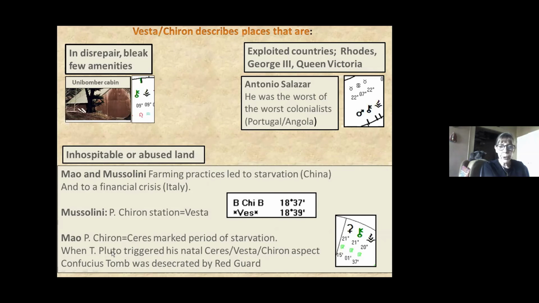When Pluto triggered his natal Ceres, Chiron, Vesta, the tomb of Confucius was desecrated by the Red Guard. We talked about tombs and graveyards also having a Vesta Chiron quality. But here it was the fact that it was desecrated. It was ruined. The location was ruined.